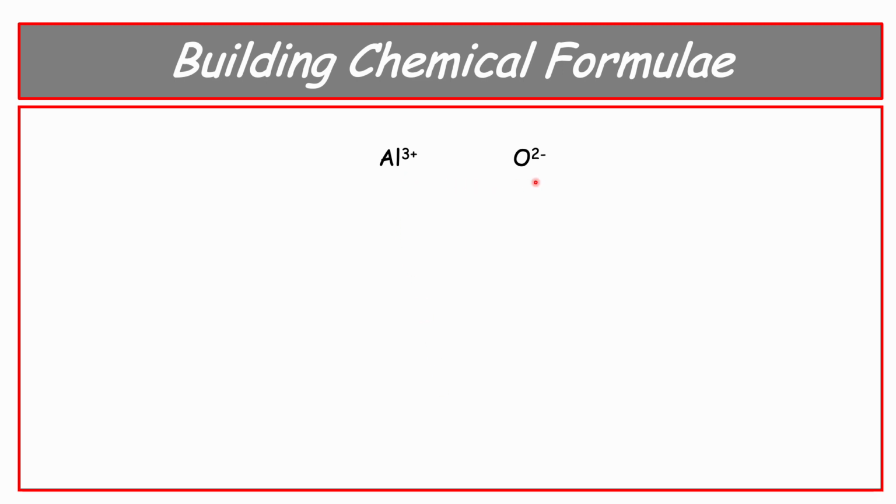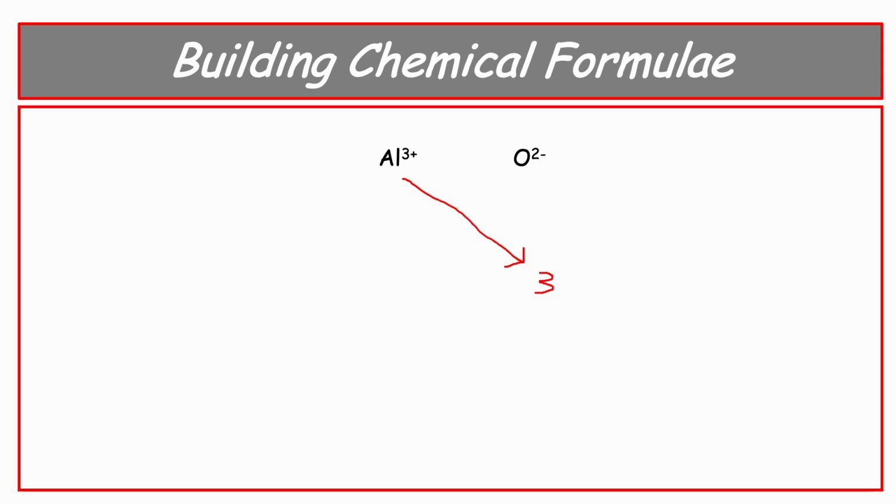Aluminium oxide is a more difficult example, and this is where this method comes in much more useful. So we figured out aluminium is plus 3. So I take that 3 and I times it by the oxygen. So I'm going to need 3 lots of oxygen.